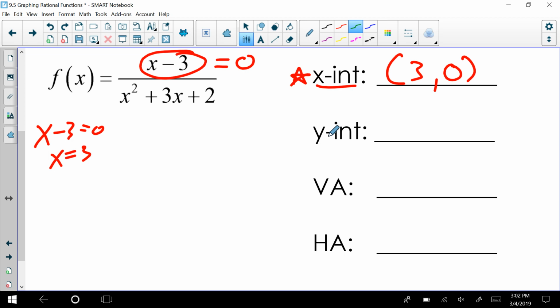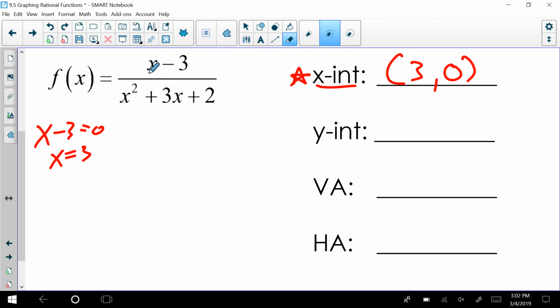The y-intercepts, how do you find the y-intercepts? Well, the y-intercepts are when I have a 0 for the x. Oh, x is 0. Well, then plug in 0 for the x's. What would I have there?